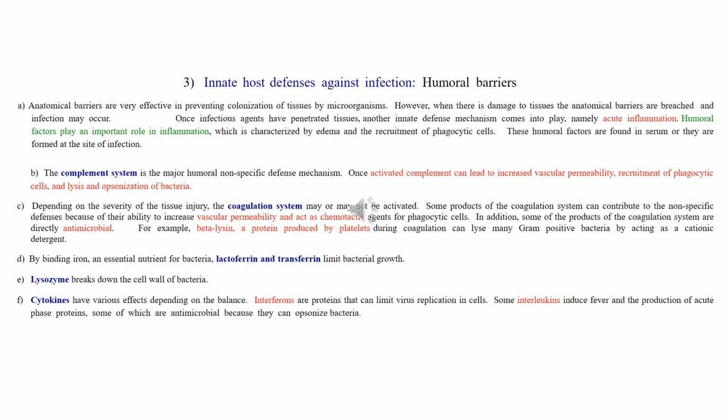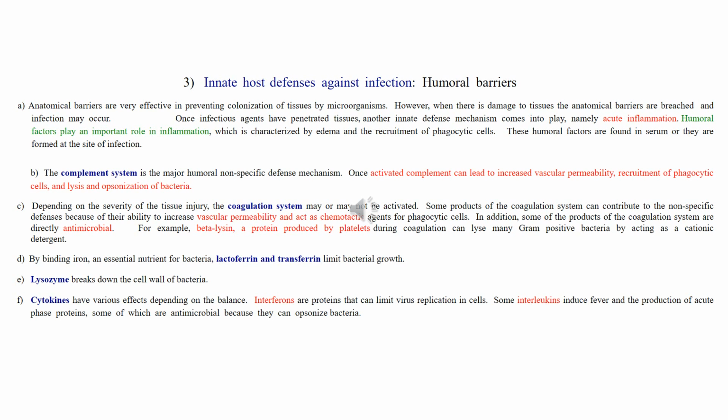By binding iron, which is an essential nutrient for bacteria, lactoferrin and transferrin limit bacterial growth. Lysozyme breaks down the cell wall of bacteria. Cytokines have various effects depending on the balance.